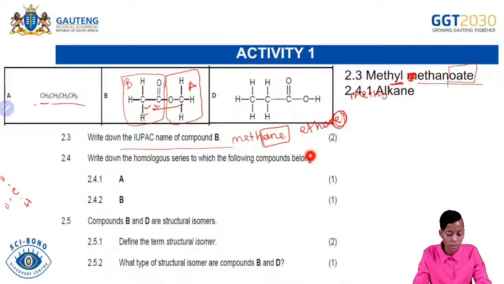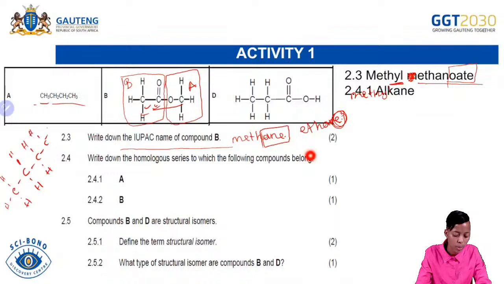Because we have one carbon there and three hydrogens, and then CH2, one carbon and two hydrogens, and then CH2 again, one carbon and two hydrogens, and the last part is your CH3.